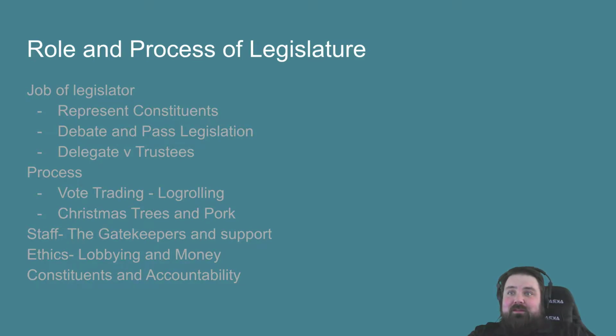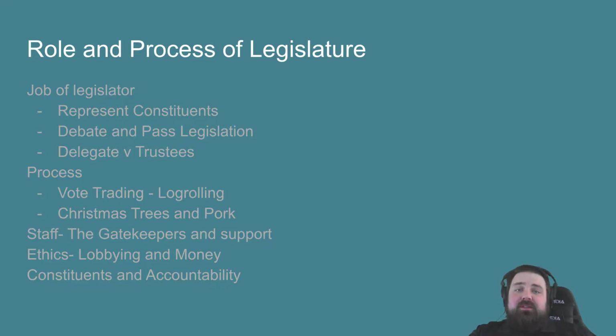Hopefully their staffs will keep this under control. The staff really plays an important role within the workings of a congressperson, be it in the Senate or the House. The most important is the chief of staff, who keeps the legislator on the appropriate path, and also serves as a gatekeeper to make sure only the people who really need to get to the legislator are able to, prioritizing policy decisions.